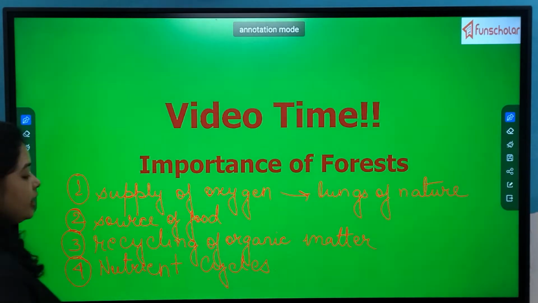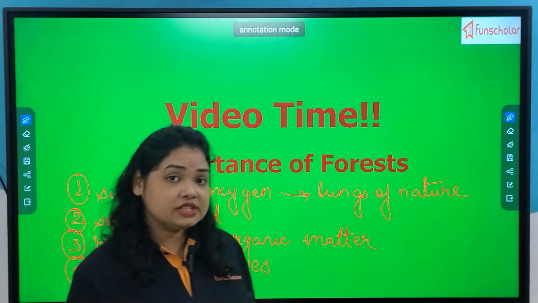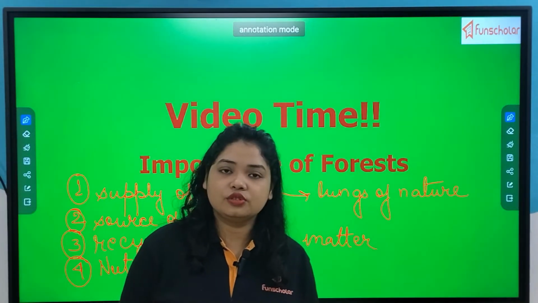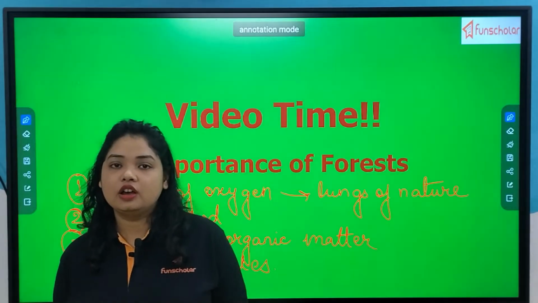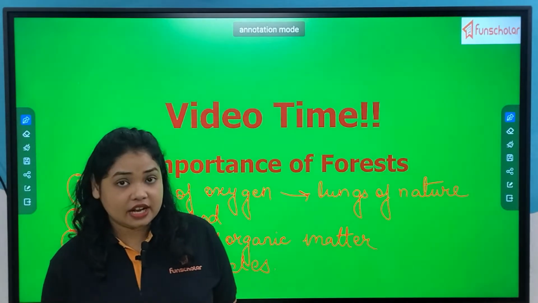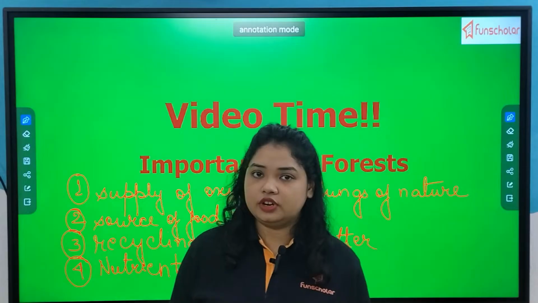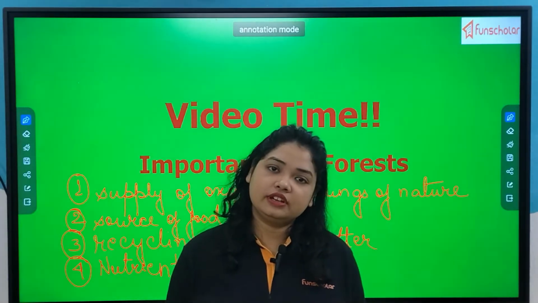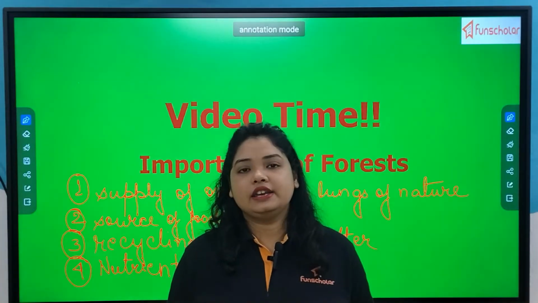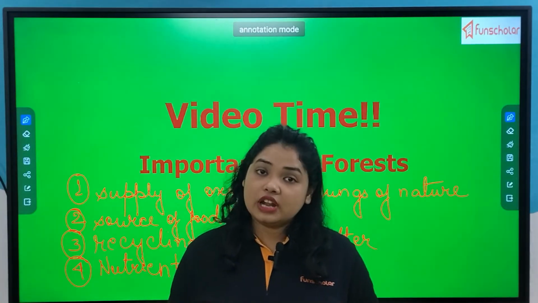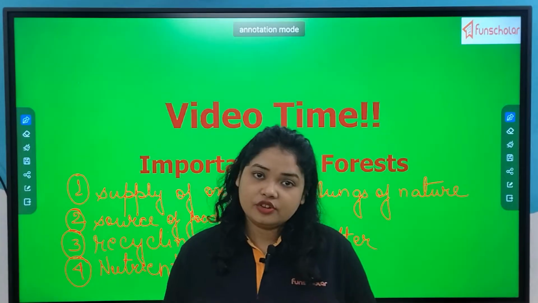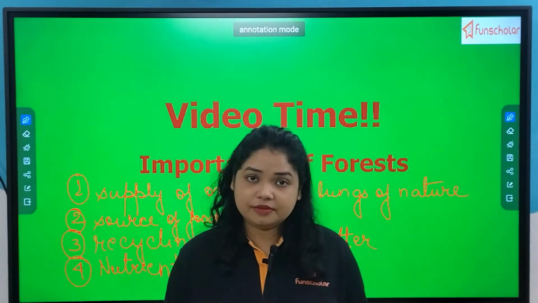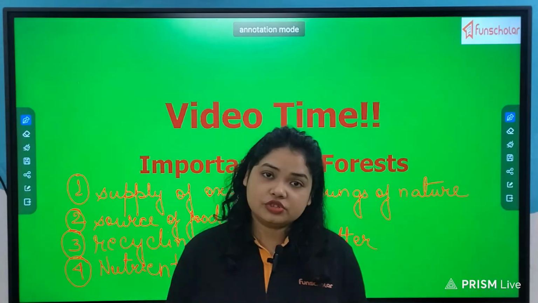Apart from the water cycle, we also have the nitrogen cycle. There, nitrogen fixing bacteria convert inorganic nitrogen from the atmosphere into ammonia, which is then taken up by the plants and assimilated for growth, development, and for making proteins.